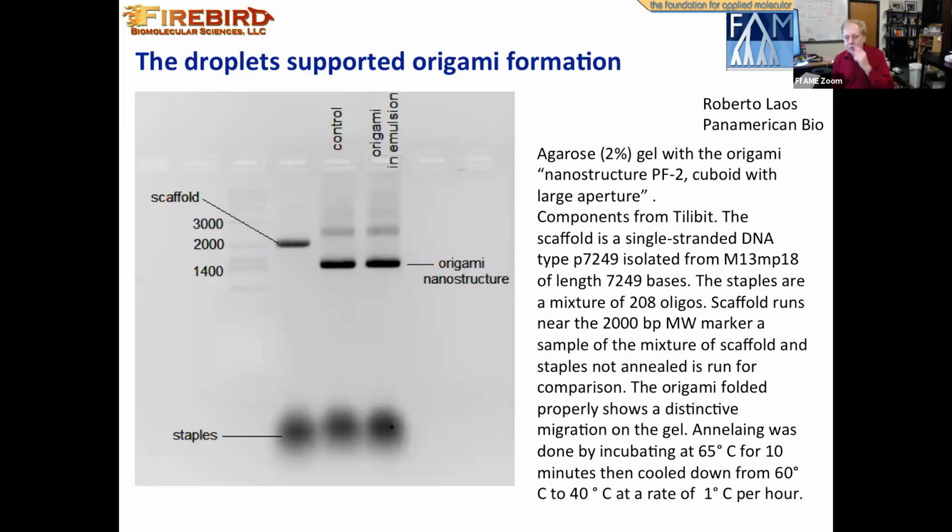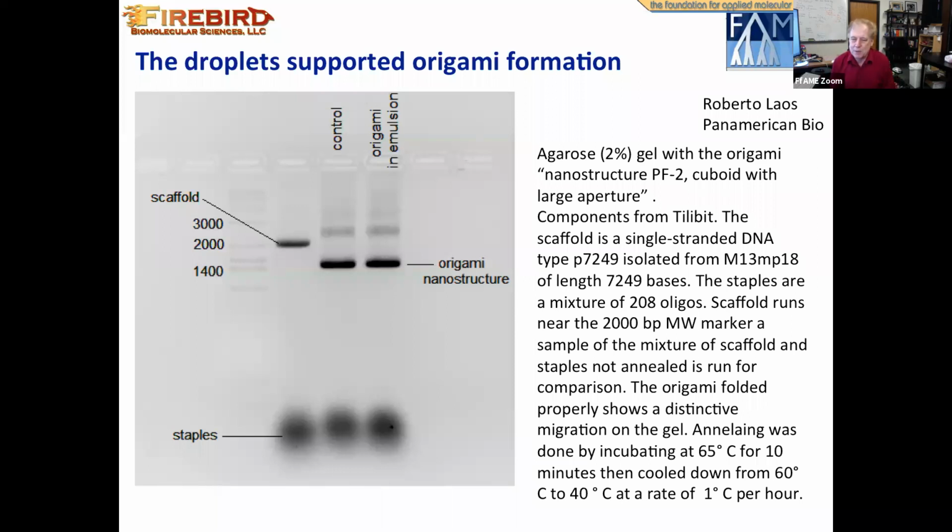So now the question becomes, what can we do in these droplets? And in particular, can we do everything that we want to do? And so it was kind of fun. One of the things we tried was origami, using DNA from the M13 phage, which is a big circle, and then you fold that large circle into a structure.